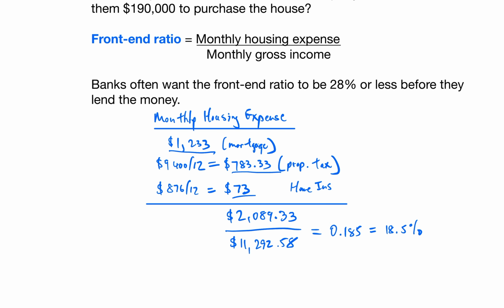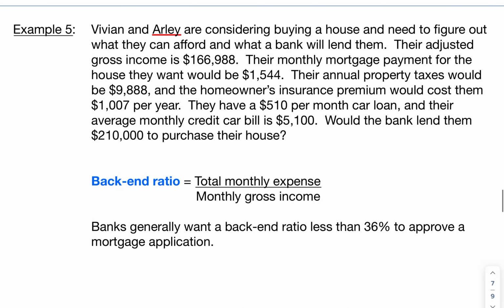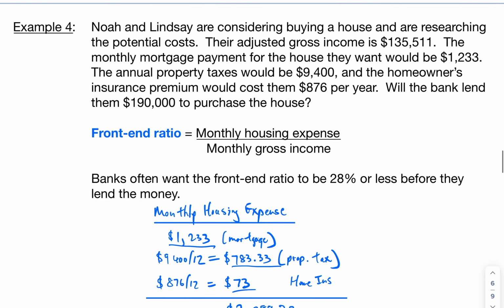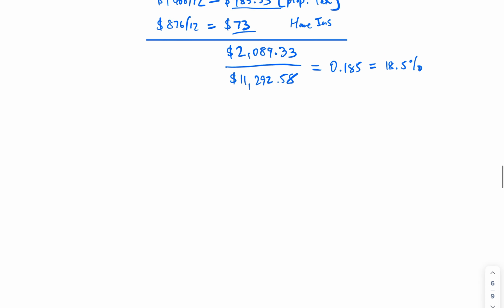Now, in addition to the front end ratio, banks also look at the back end ratio, okay? And the back end ratio is calculated as the total monthly expense divided by the monthly gross income, okay? The front end ratio only, in the previous example, took into account monthly housing expense, which only included the mortgage amount, the property tax, and the insurance premium.